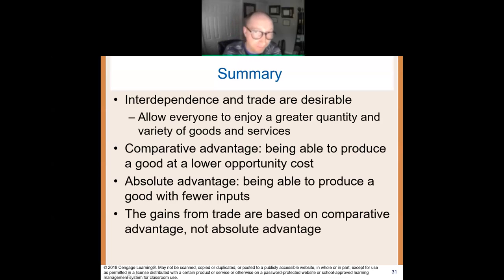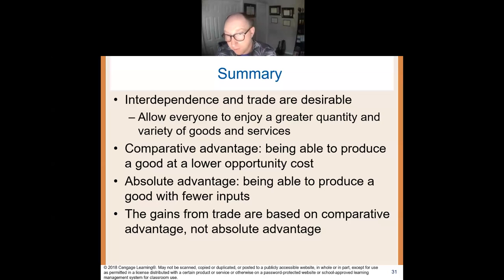So in summation, interdependence in trade is desirable when both countries win. What that means is that they're both getting an advantage. One is receiving goods at a lower price point. The other one is receiving the opportunity cost.